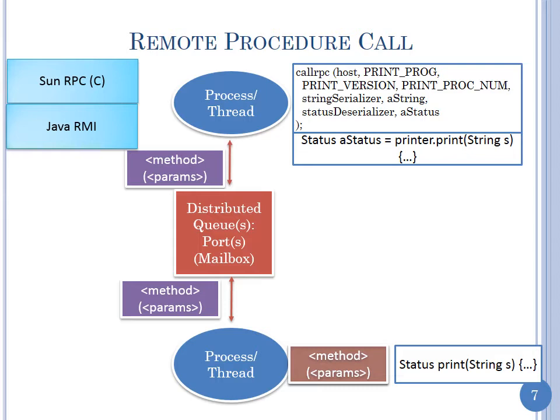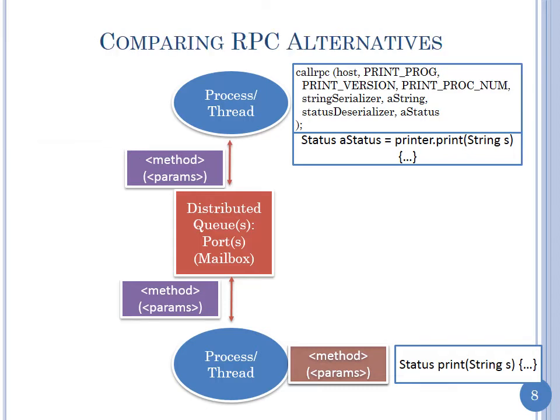So I showed you two examples last time. One was Sun RPC, which was designed for the C programming language, and the other is Java RMI, the remote method invocation. So let's look at the two alternatives.